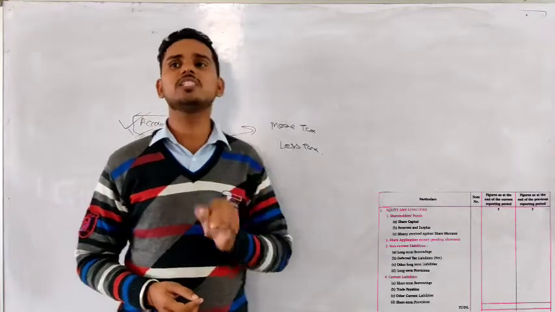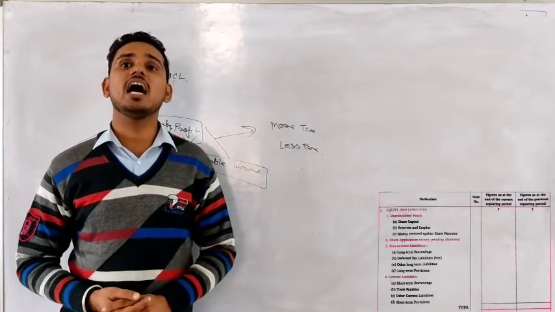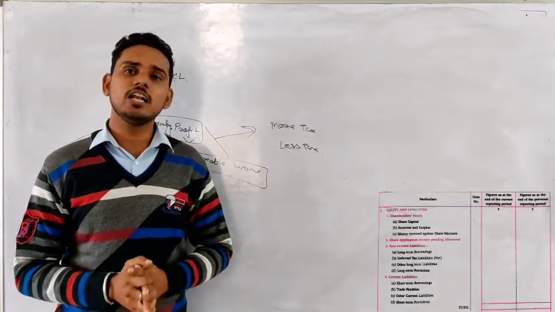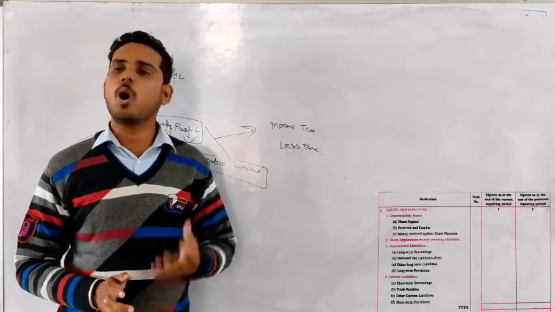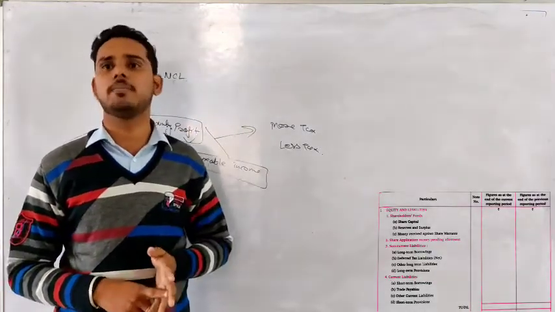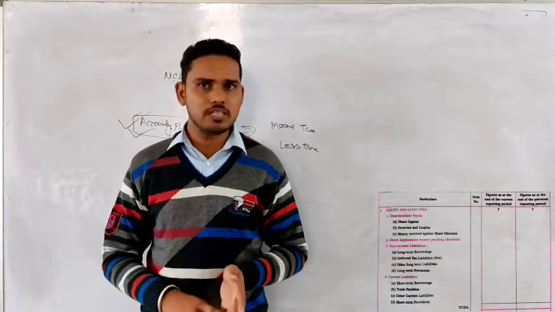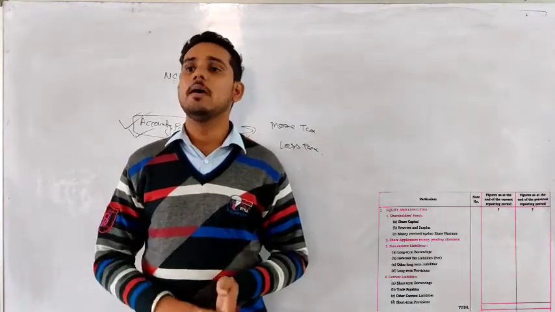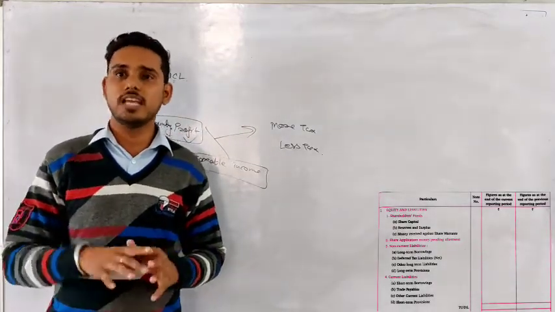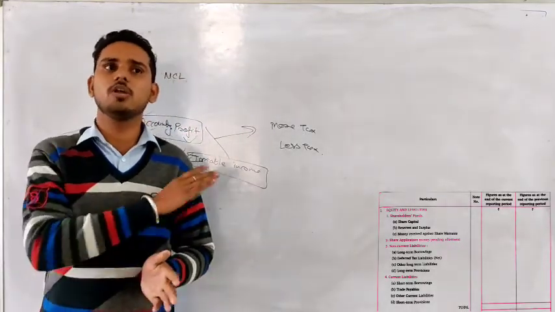And there is one last subhead under the non-current liability major head, and that is other long-term liabilities, or other non-current liabilities. In other non-current liabilities, we classify all those long-term liabilities which have not been classified in the first three subheads. That means any liability which is not a loan, not a provision, not a deferred tax liability, but still will be payable after 12 months, will be recorded in other.